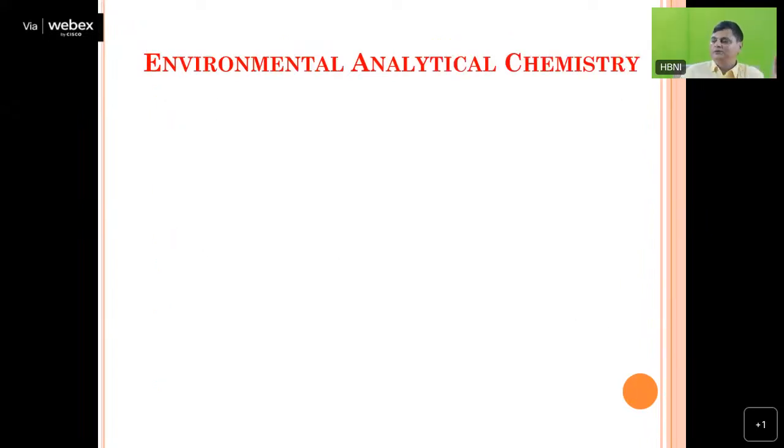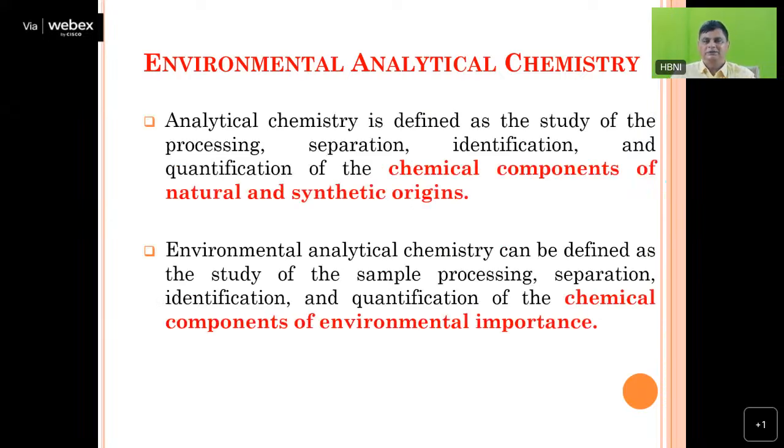Now, up to now we have seen this analytical chemistry, which is mostly synthetic in nature. Being an environmentalist, I always try to distinguish the difference between normal analytical chemistry and environmental analytical chemistry. As the definition says, the definition is the same.